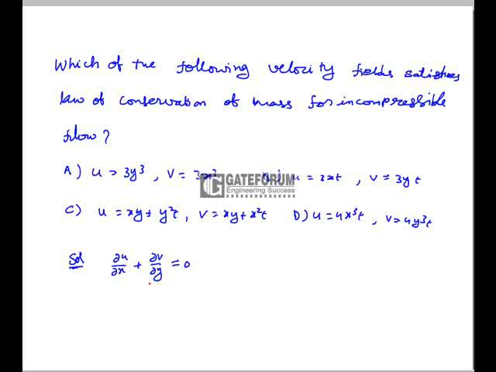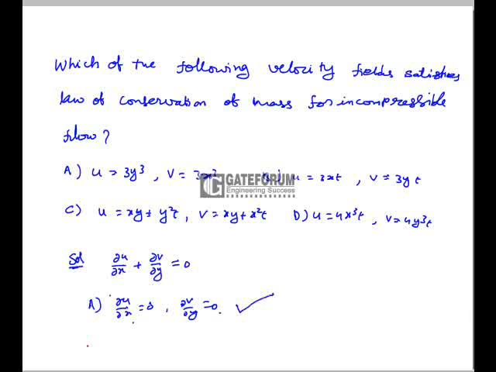If it satisfies this equation, then the given velocity field satisfies the law of conservation of mass. So now test all the equations. First consider dou u by dou x. Here in the first equation u equals 3y cube and v equals 3x cube, so dou u by dou x is equal to 0 and dou v by dou y is equal to 0. So dou u by dou x plus dou v by dou y is equal to 0, and it satisfies the continuity equation.